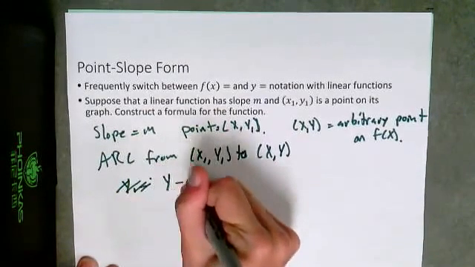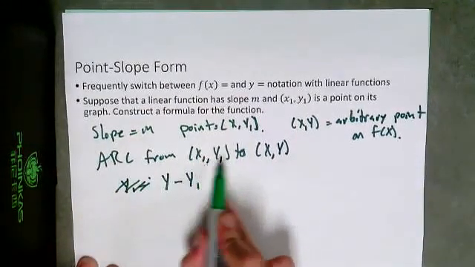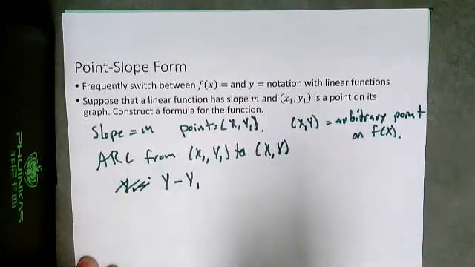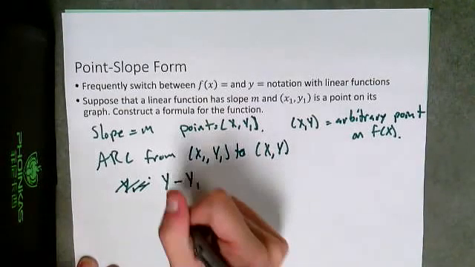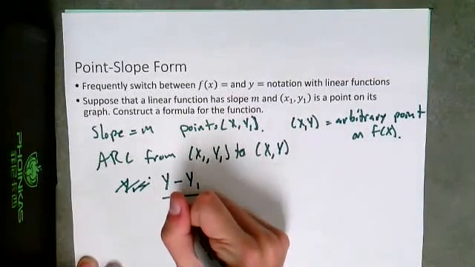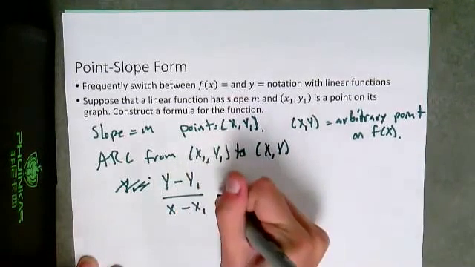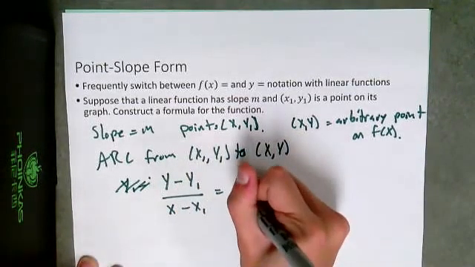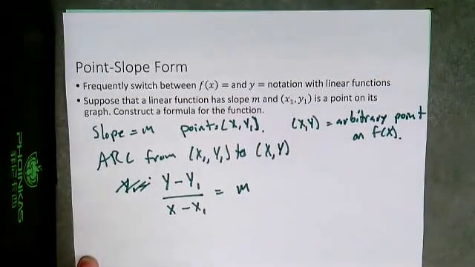We're going to have y minus y1 from this point to that point. So this is our x2, y2, if you will. We're going to have y minus y1 over x minus x1 is equal to m, right?